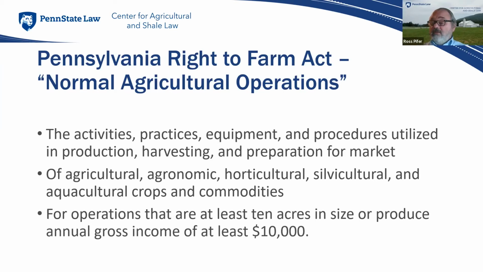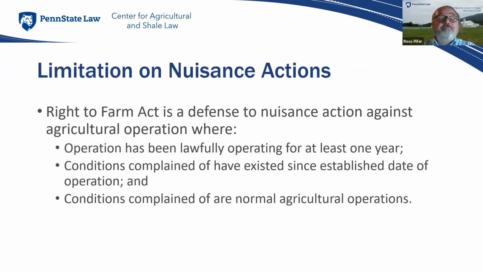The one thing that is missing from that chain is the actual marketing. So, while this statute is protecting producing, harvesting, and preparing for market, it isn't protecting the marketing itself. There is a size limitation on farms that they need to be at least 10 acres or have a projected annual gross income of at least $10,000.